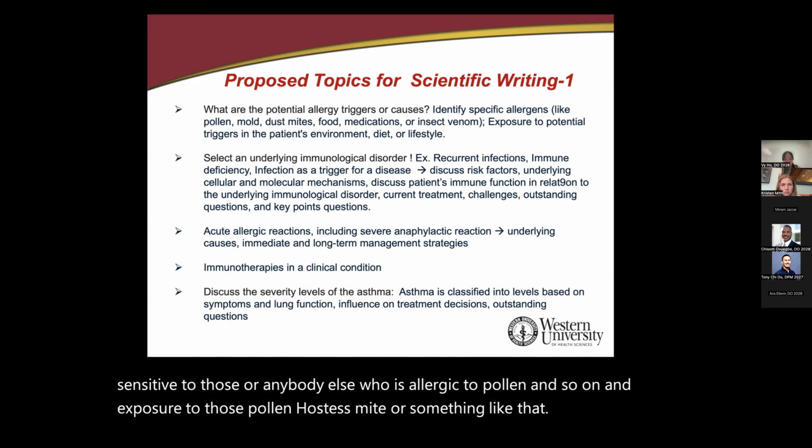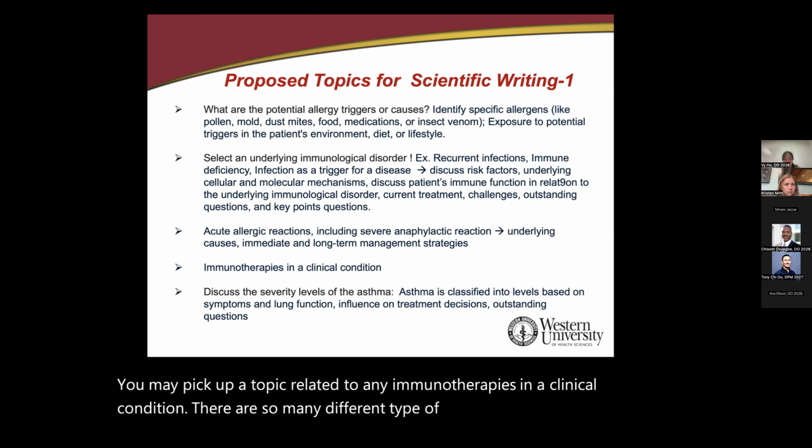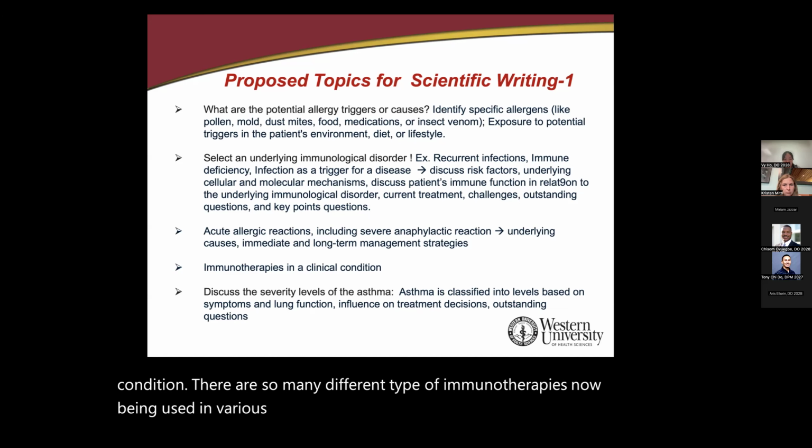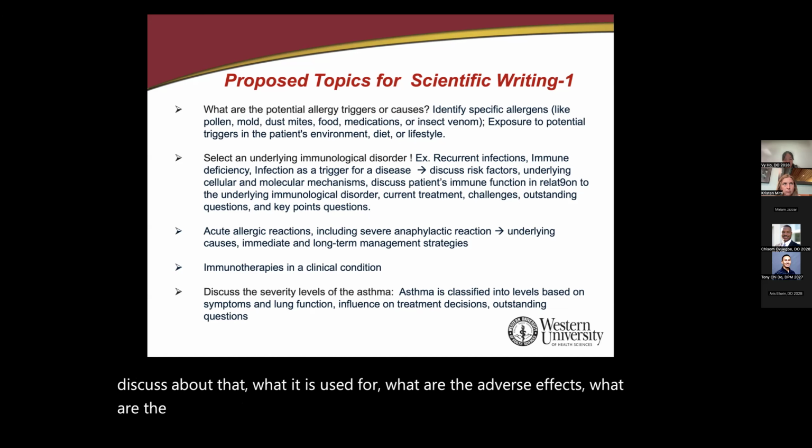You may pick a topic related to immunotherapies in a clinical condition. There are so many different types of immunotherapies now being used in various conditions. Just pick one immunotherapy and discuss what it is used for, what the adverse effects are, what the outcomes are, and how it could be improved.